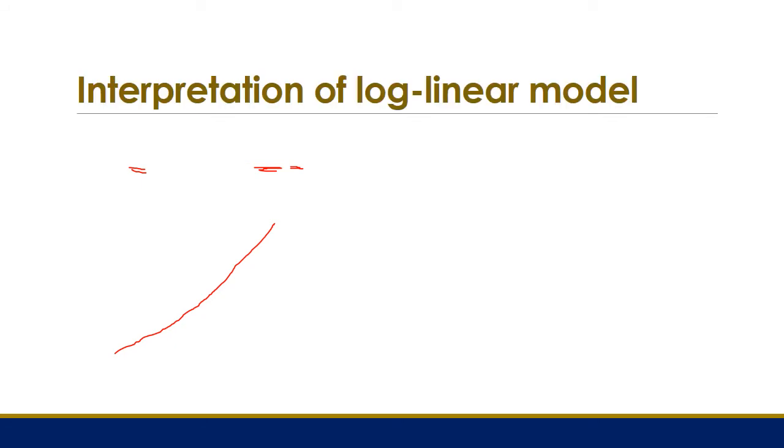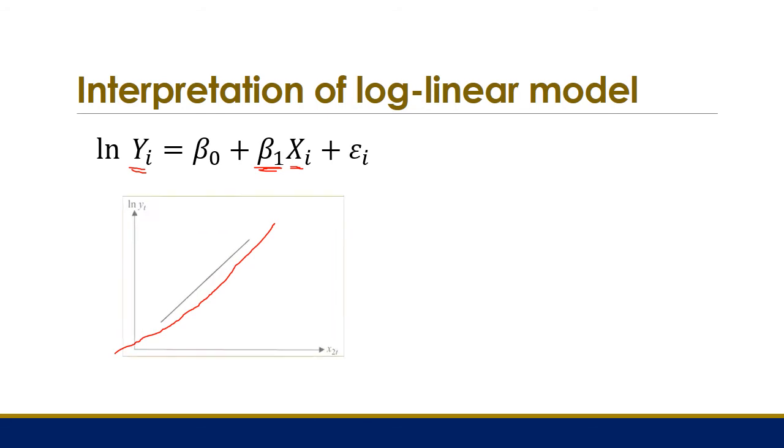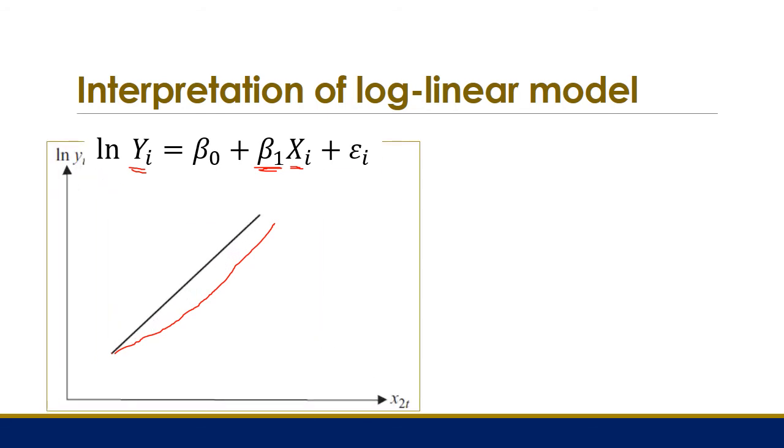Let's consider some interpretation of nonlinear models that are linearized using logarithms. We start with the interpretation of a log linear model, which has this form. When you do the transformation, the relationship between the logarithm of y and x is linear, as you will see here. How do we interpret this coefficient?